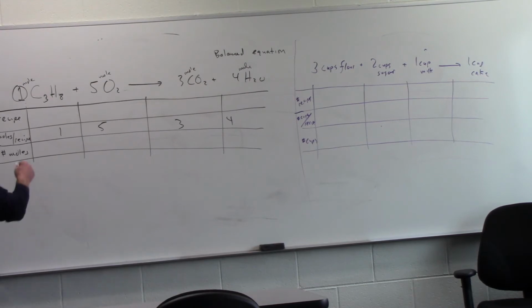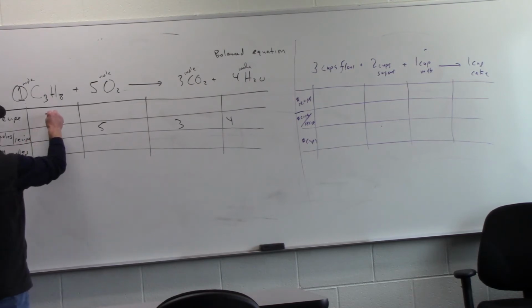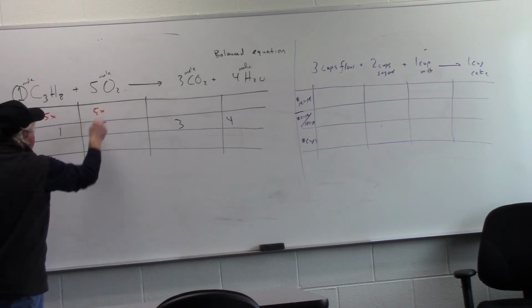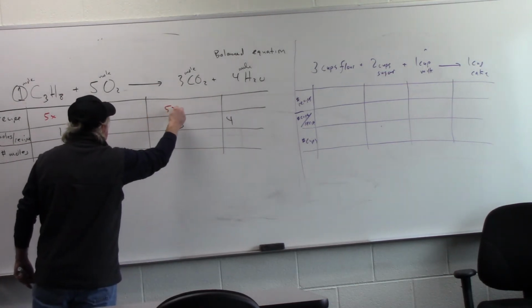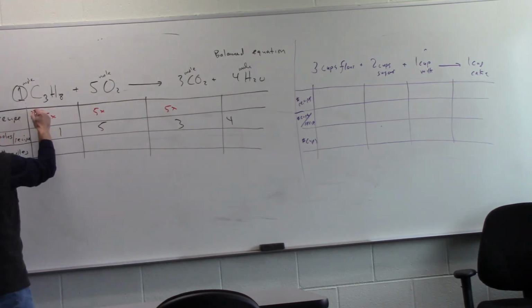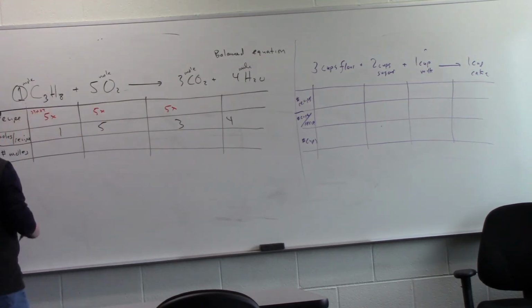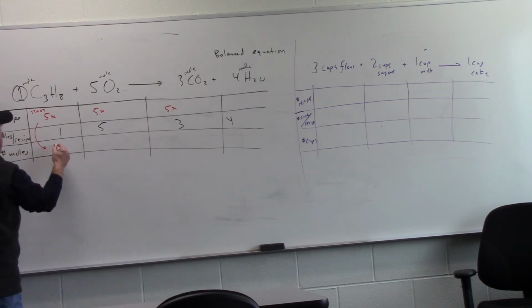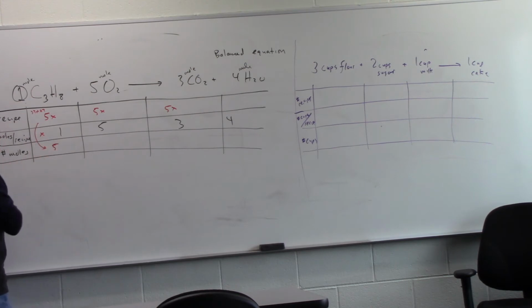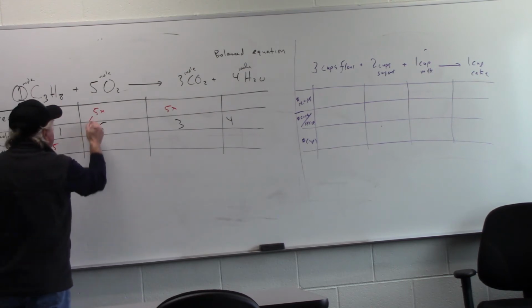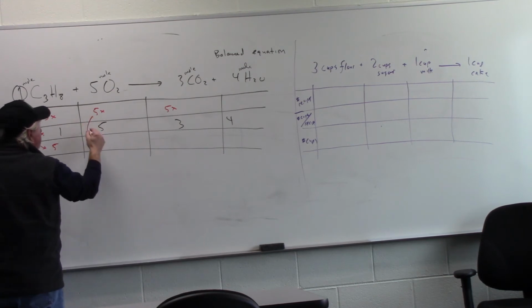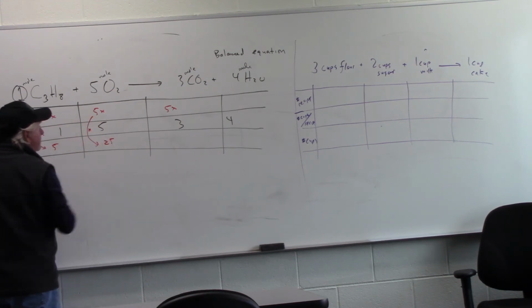All right, so let's say I want to do 5 recipes, and I want to know how many moles of each. Well, 1 mole per recipe, I do that 5 times: 5 moles. Every recipe I need 5, I do that 5 times: 25.